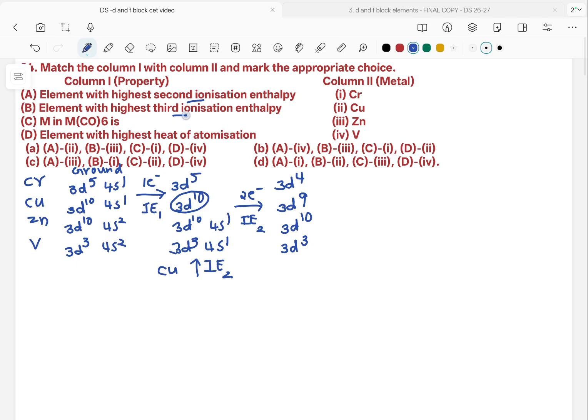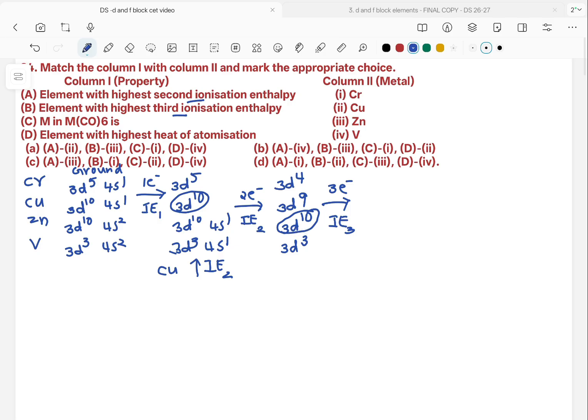Whereas for highest third ionization enthalpy, meaning after losing 2 electrons, the configuration is like that, and to lose the third electron, that is IE3, 3d10 is a stable configuration, difficult to remove electrons from those extra stable orbitals.